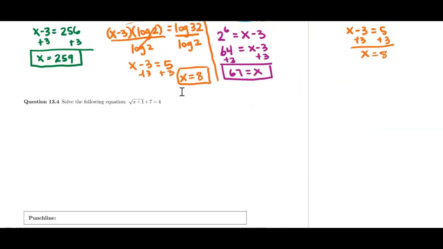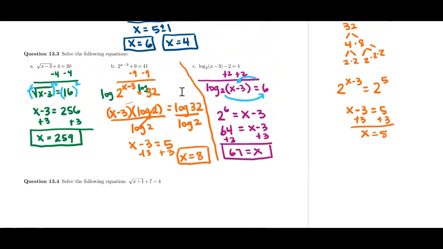So remember, if they started off with a log in them, do you see how on this one it has a base of 2? When we started with that log, we had to first get the log by itself and then change it to exponent form. So 2 to the 6th power equals this.